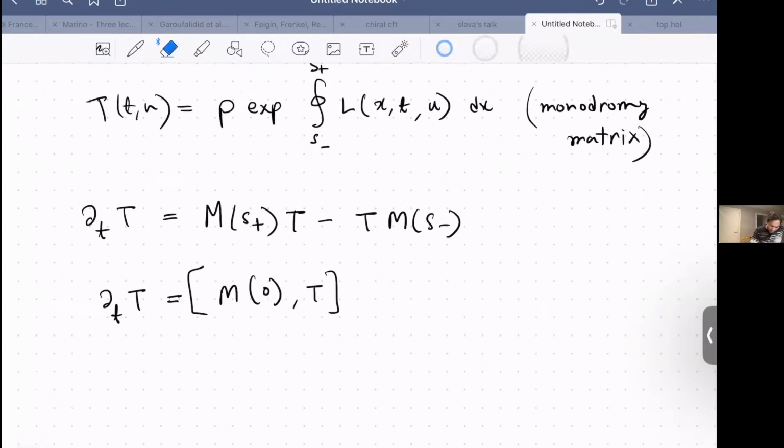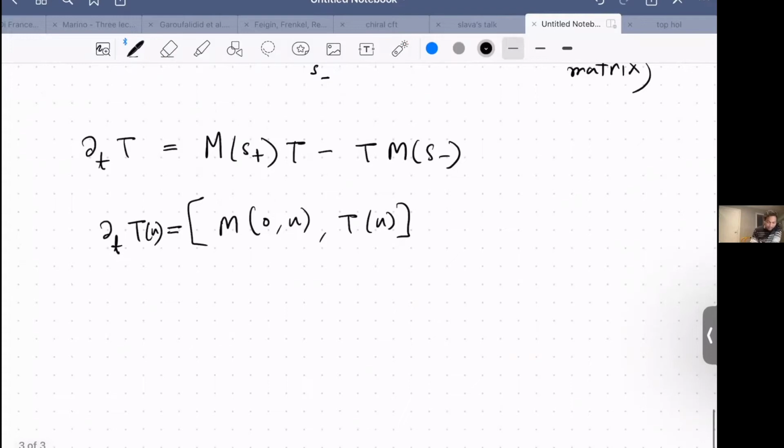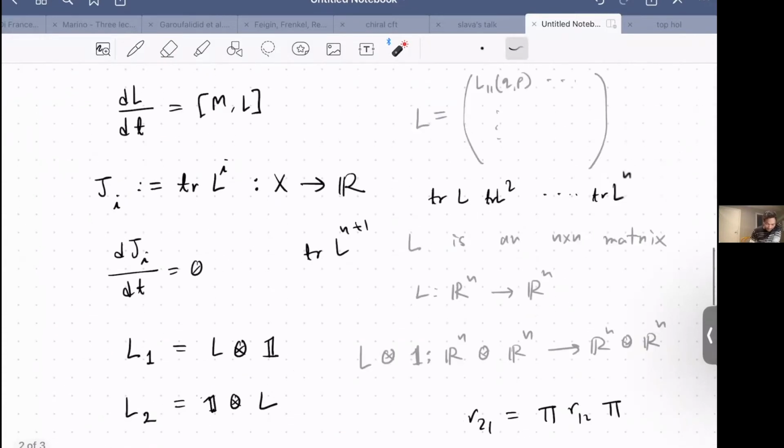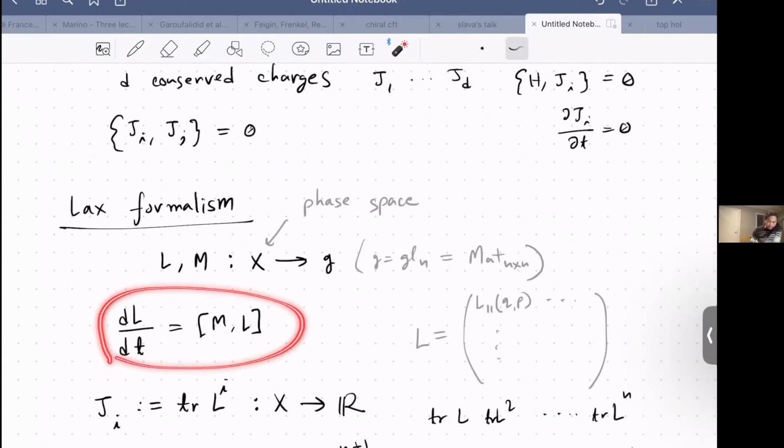Yeah, I should keep the u dependence explicit because that's going to be useful. Okay. This equation now looks exactly like this equation.